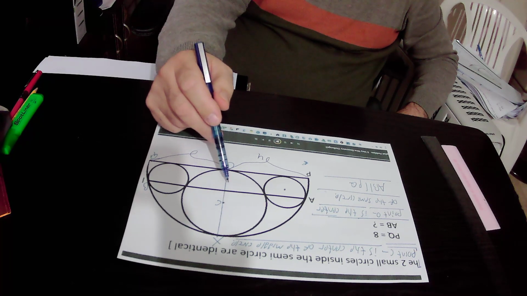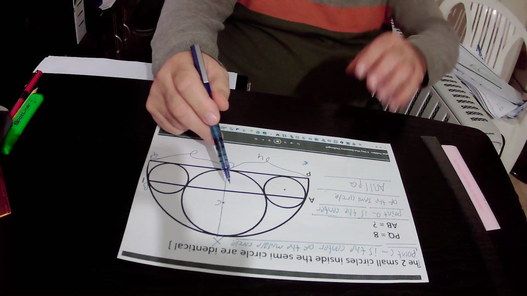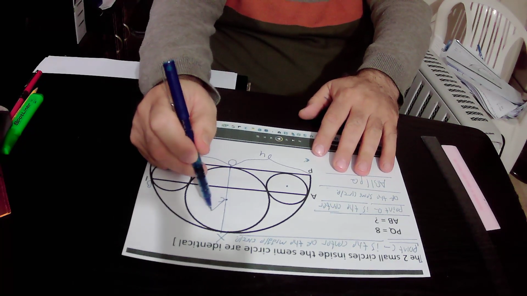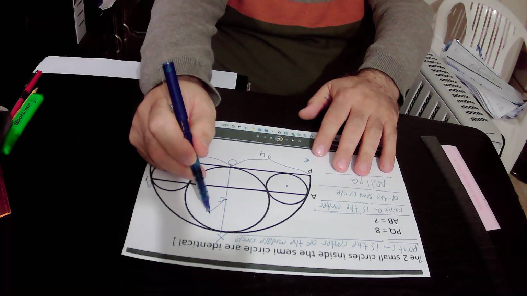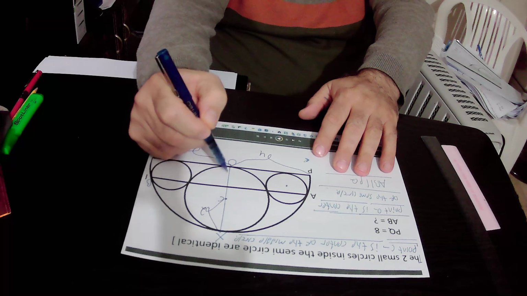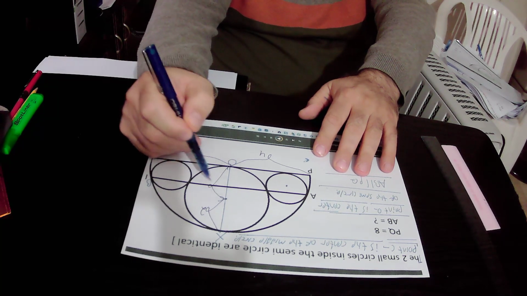Therefore the radius of this middle circle will be half of it, that is to say 2 units. That is to say CX, the radius of the middle circle, will be equal to 2 units, and OC, also a radius of the middle circle, will also be equal to 2 units.